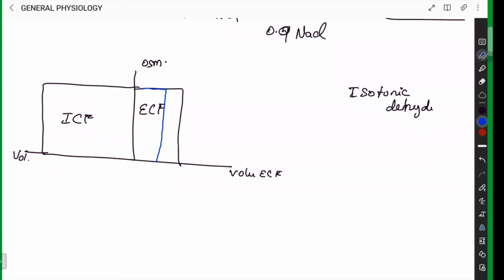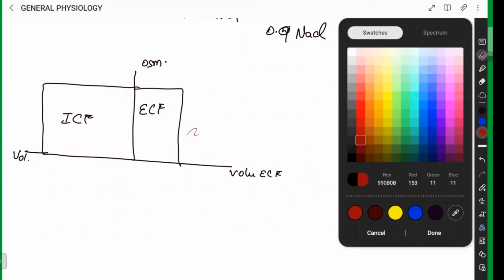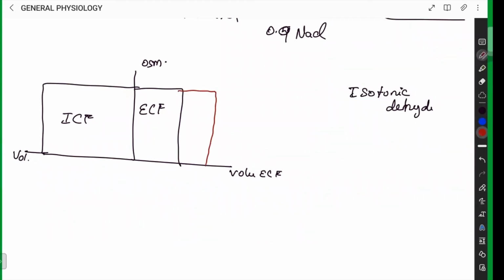Examples are bleeding, sweating, diarrhea, burns, vomiting, etc. When there is administration of isotonic 0.9% NaCl, there's an increase in the ECF. Yes, I accept, there's an increase in the ECF, but at the same time, there is no change in the osmolarity. This is called isotonic administration of IV fluid.